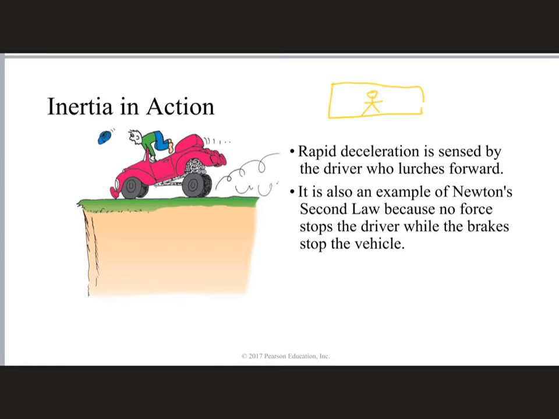And we can actually look at this another way. If we imagine ourselves in a car or in a truck maybe, and that truck starts accelerating that way. So it's at rest, you're just standing there, maybe you're in a bus, the bus driver hits the gas, and so the bus starts going that way. You feel yourself being pulled back. It's almost as if you want to fall backwards. But what's really happening is the bus is accelerating out from underneath your feet, and you're staying where you are.